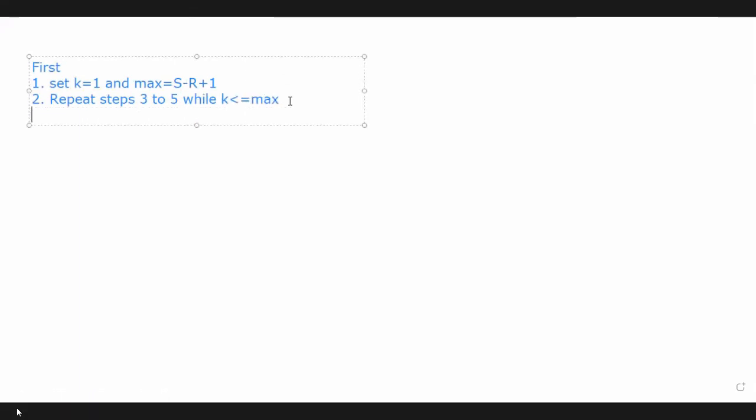And step number 3 is repeat for L equals to 1 to R. Okay. And if, what is the condition? If P L not equals to T K plus L minus 1, then go to step number 5.